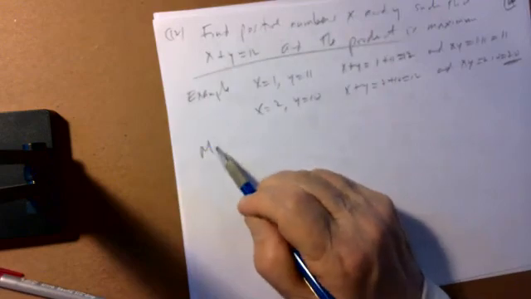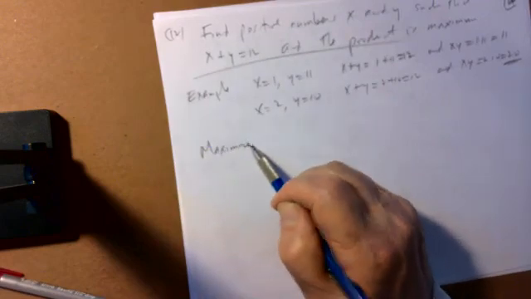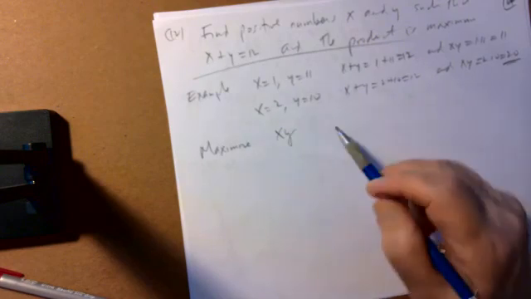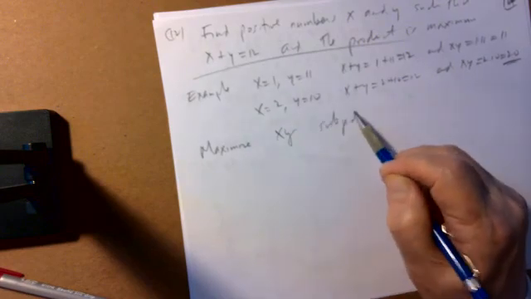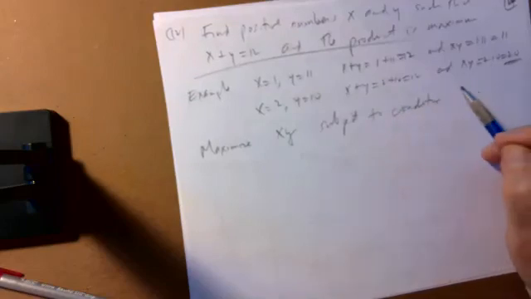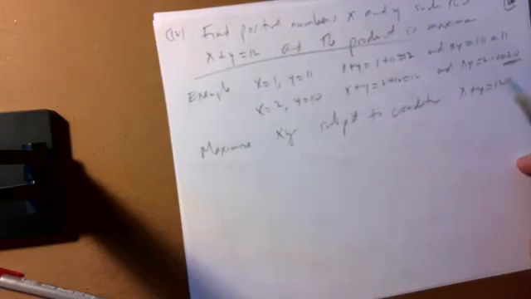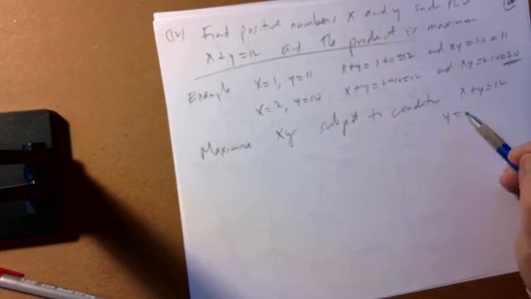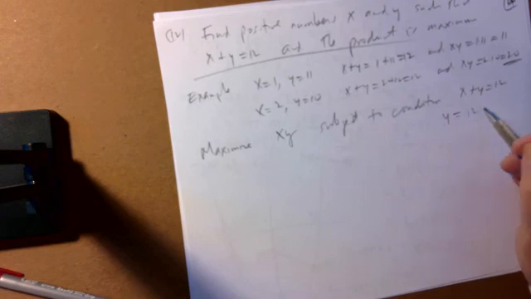So again, what we want to maximize is this product x times y, subject to the condition that x plus y is 12, which means once you have x, y is determined. Y has to be 12 minus x.